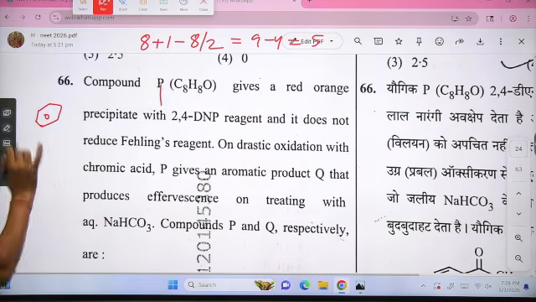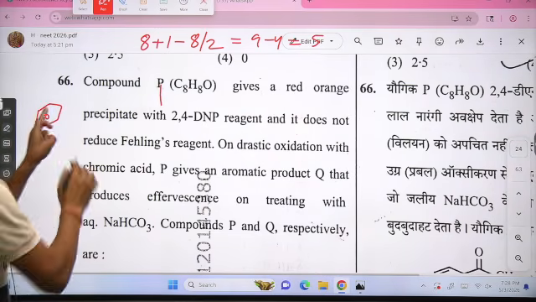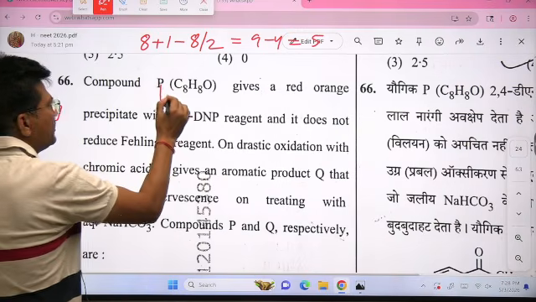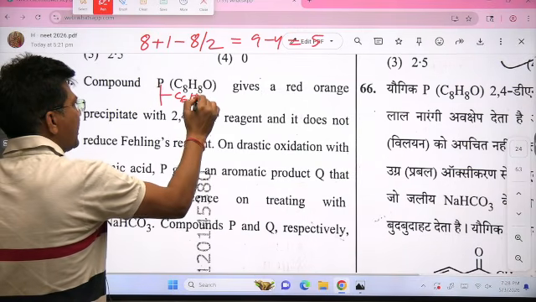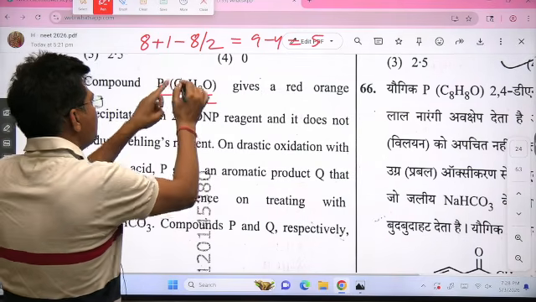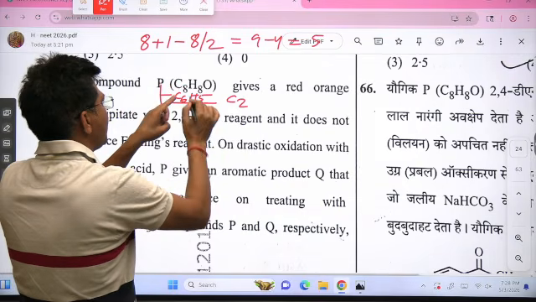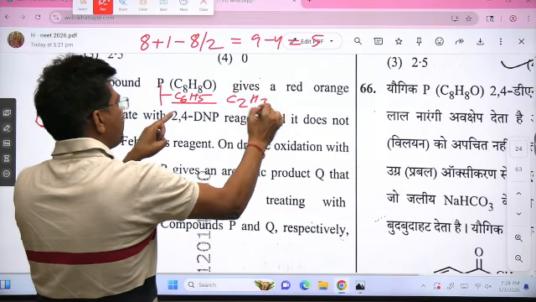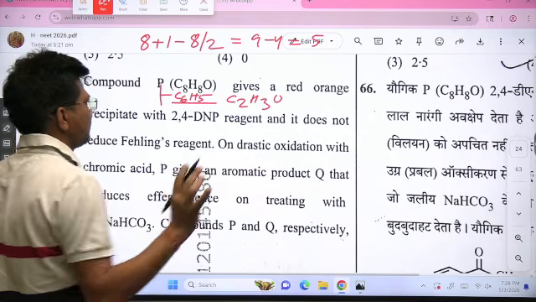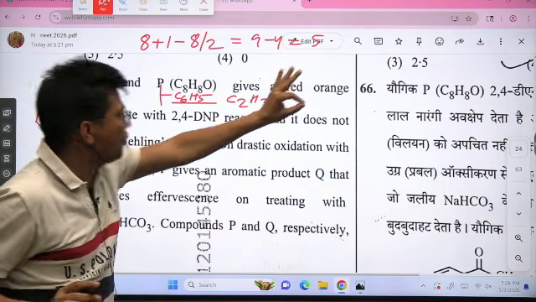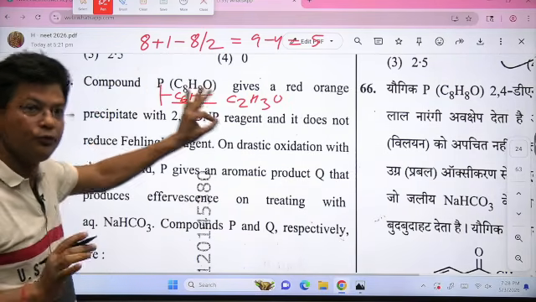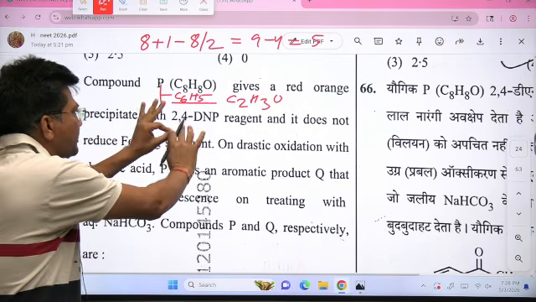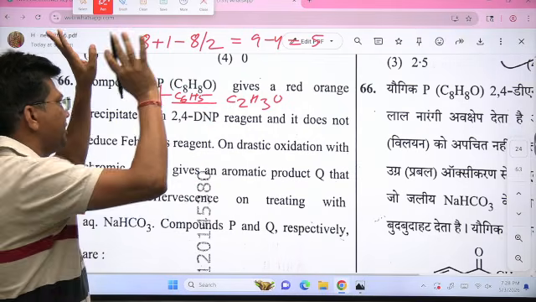Now if I separate the C6H5 from here, what is left? Two carbons left, 3 hydrogens left, and 1 oxygen is left. Gives a red orange precipitate, means 2,4-DNP test, Brady's reagent, either yellow, orange or red color it will give.